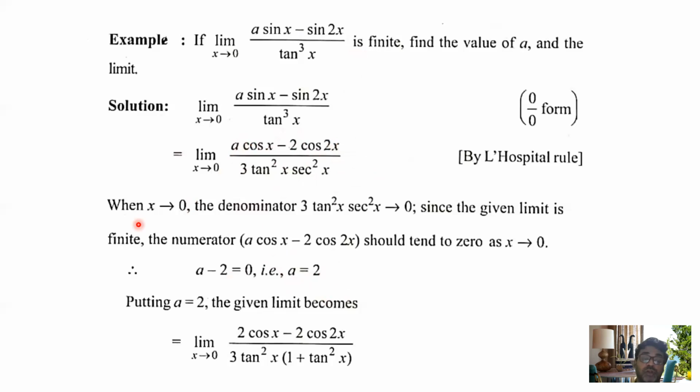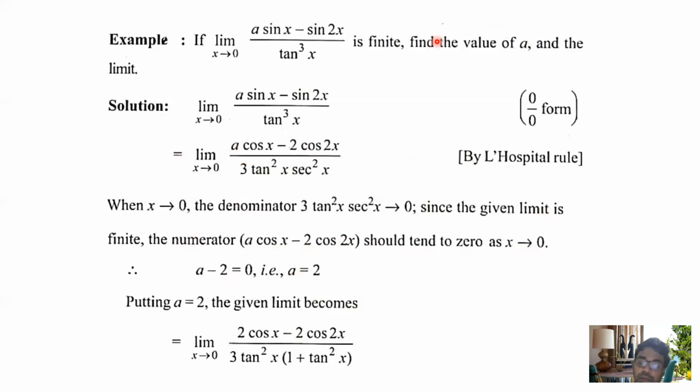So be careful about the statement. When x tends to 0, the denominator 3 tan²x sec²x is 0. But since the given limit is finite, the numerator, that is a cos x minus 2 cos 2x, should tend to 0 as x tends to 0. But when you substitute this, what is left is a minus 2. So that's why a minus 2 should be equal to 0. So a is equal to 2. So our value of a is coming as 2.